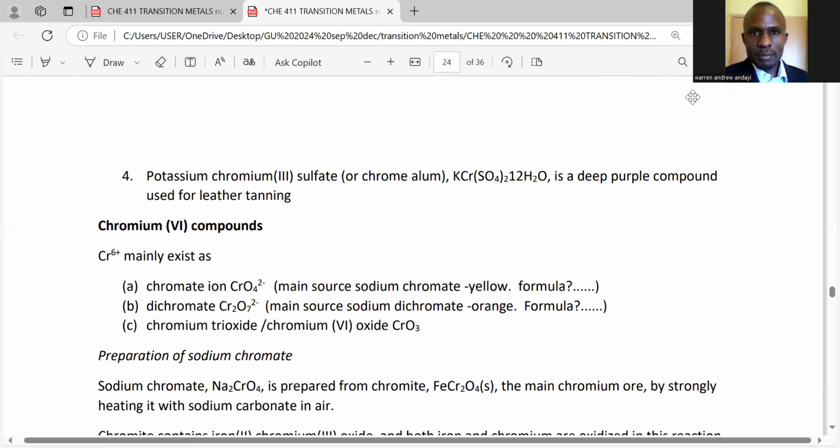Something very notable is that we have a salt called potassium chromium sulfate, or chrome alum, and this is its formula here.